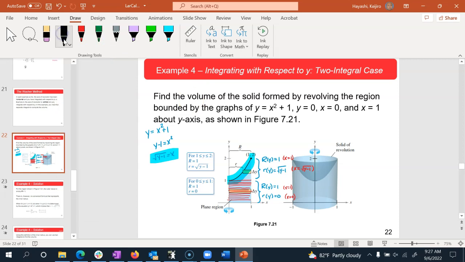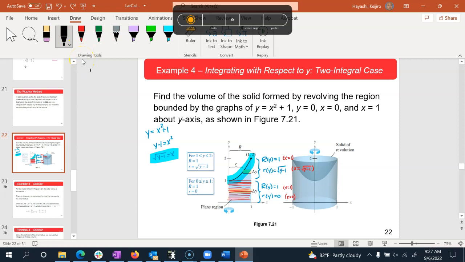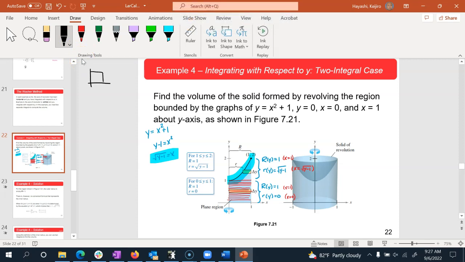Okay. Let's just deal with this bottom part first. Okay, so this little piece. And then over here, we'll deal with the other part.